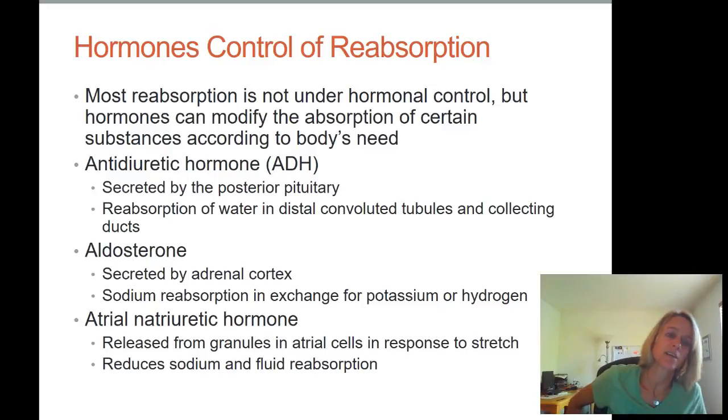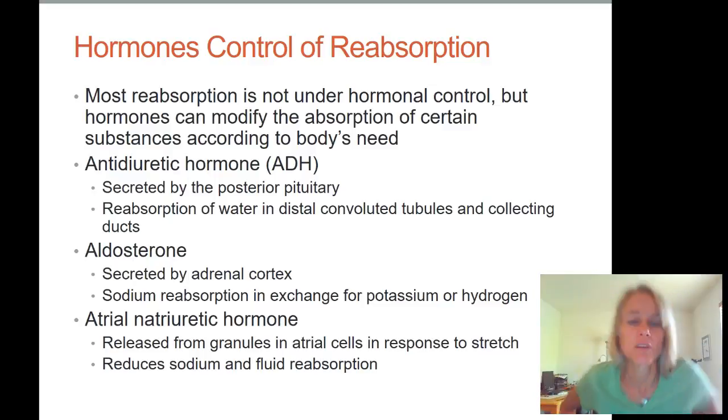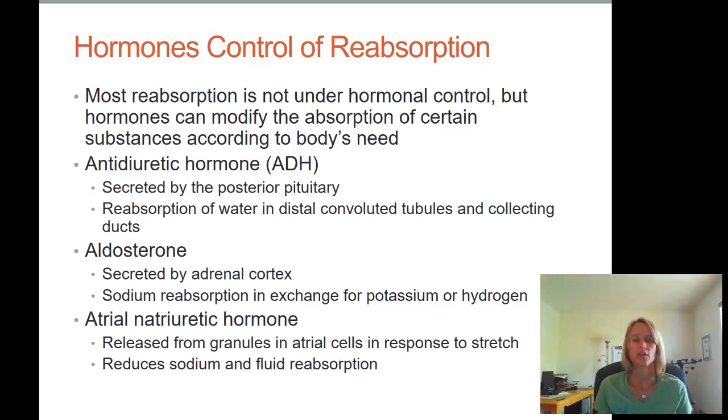For instance, antidiuretic hormone, which is secreted by the posterior pituitary in response to a high osmotic concentration of the extracellular fluid, or a loss of blood volume. This hormone is going to cause the reabsorption of water in the distal convoluted tubules and collecting ducts, and this is through the insertion of aquaporins.